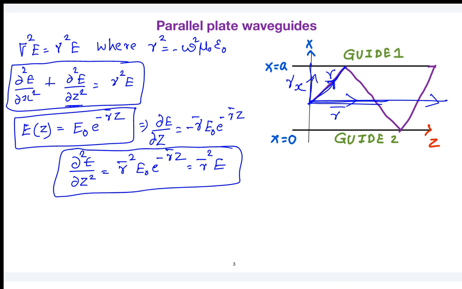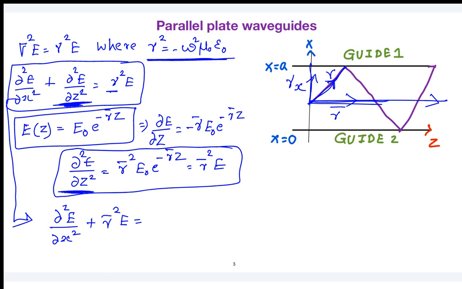So substitute this value of ∂²E/∂z² in this equation. From this equation, what I can say is ∂²E/∂x² equals γ̄² E, and I already know the value of γ² is something like minus ω² μ₀ ε₀ into E. So let me bring it to the left side.